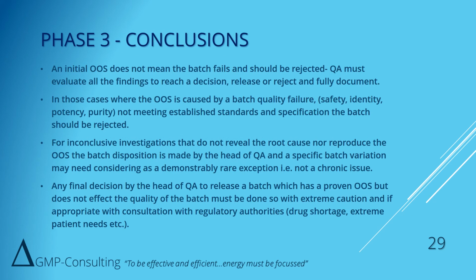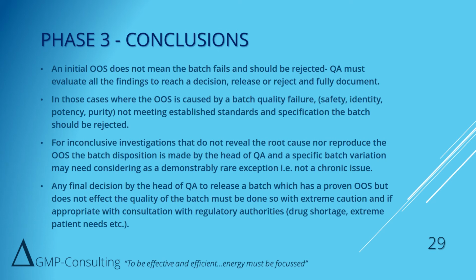As you might gather now, the initial OOS doesn't mean the batch fails. There are various phases of investigation to go through, and the OOS ultimately needs to be proven to affect the batch quality, safety, identity, purity, potency, and meet the specification. It still doesn't mean it needs to be rejected. This procedure applies to APIs as well, for example, and there are quite a lot of opportunities for reprocessing in APIs.